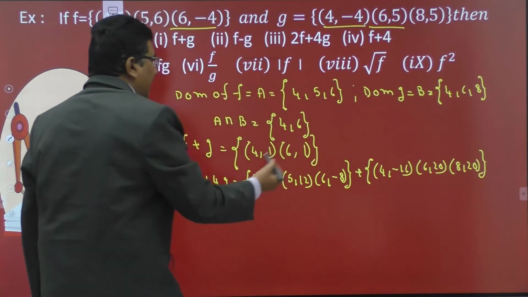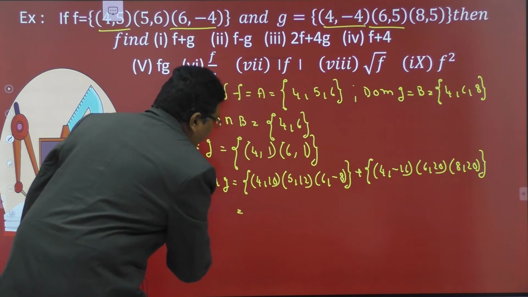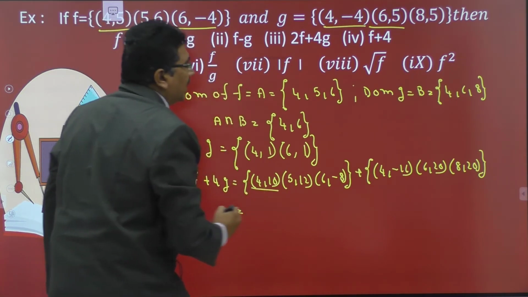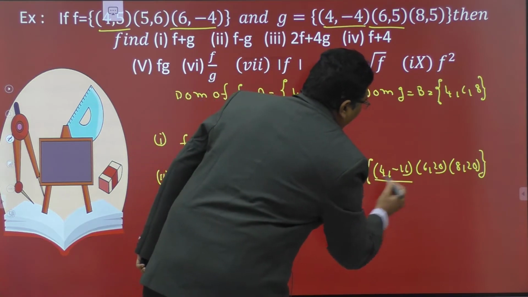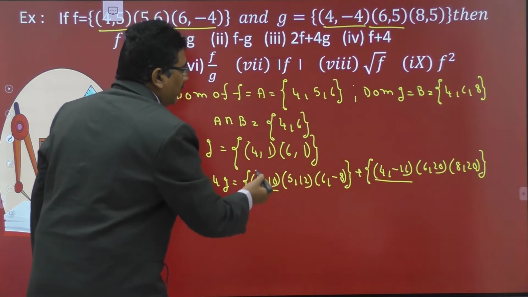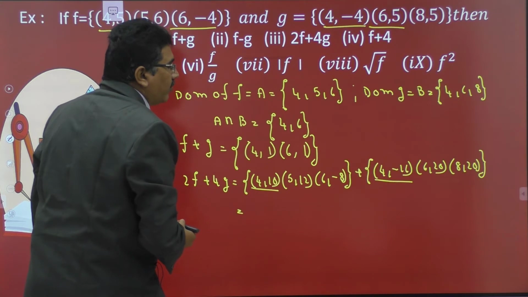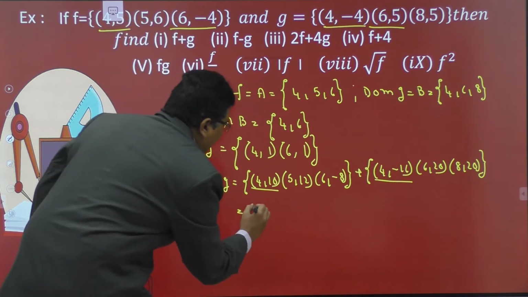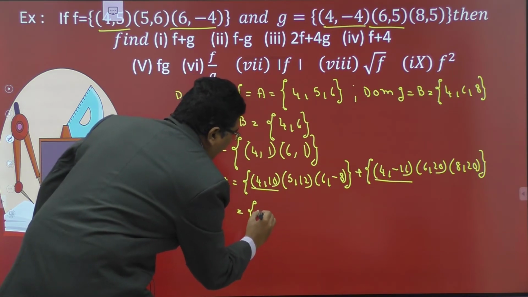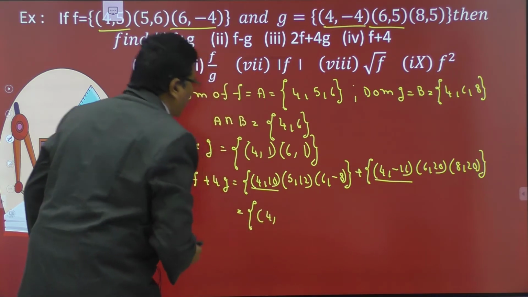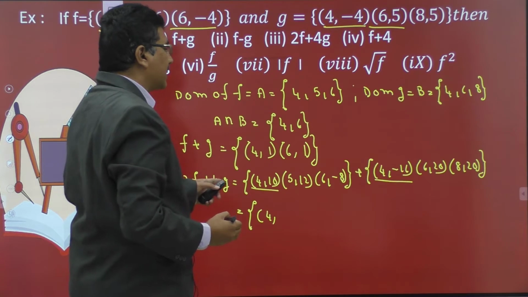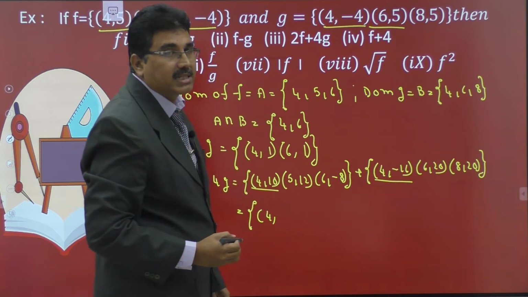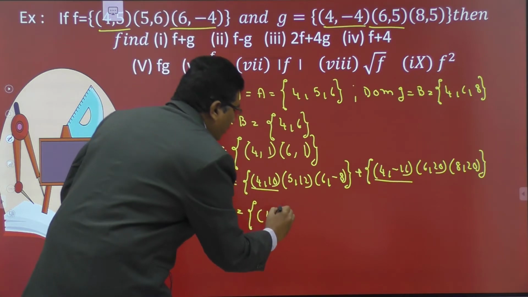Now adding these two. Here we have 4 comma 10 added with 4 comma minus 16. Because the first component is the same for both ordered pairs, the set of all ordered pairs for 2f plus 4g has 4 comma, and the second components are added: 10 plus minus 16 is equal to minus 6.